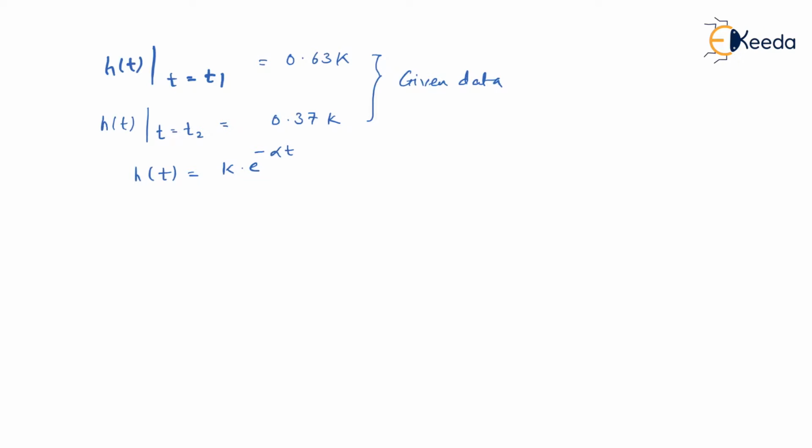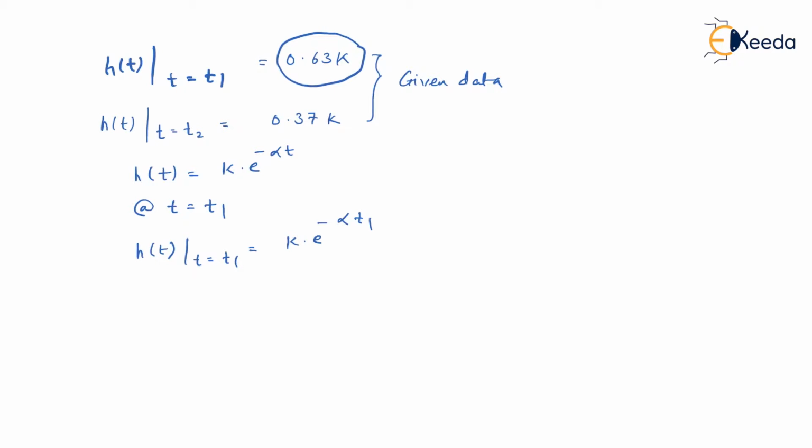Am I right? So now I'll say at t equal to t1, h of t at t equal to t1 is equal to k times e to the power minus alpha t1, and h of t at t equal to t1 is known to me, which is 0.63k.